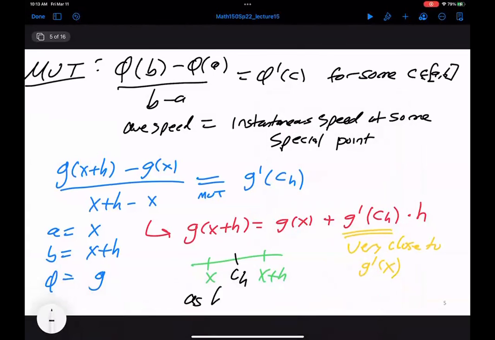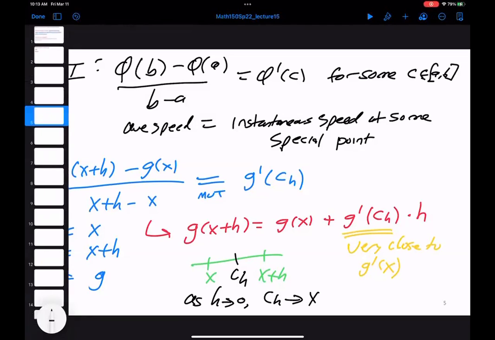So as h goes to 0, c of h goes to what point? It has to go to x. So this is a really close approximation to the tangent line. The tangent line is not the truth, it's close to the truth.